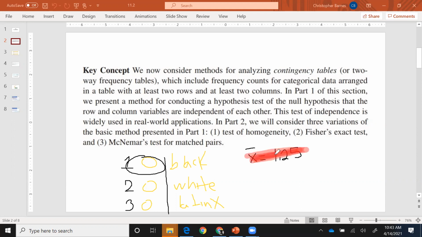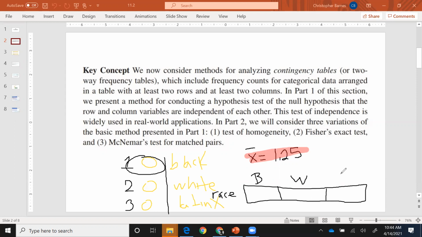But what we're doing with these contingency tables and these frequency tables is appropriate. Because what we can do is have our data listed in certain ways, where we have, let's say, race listed. And we got B, W, and we got L, right?